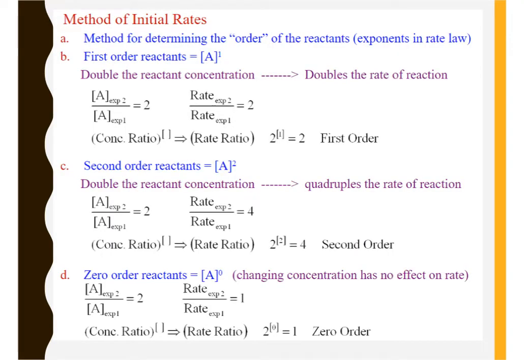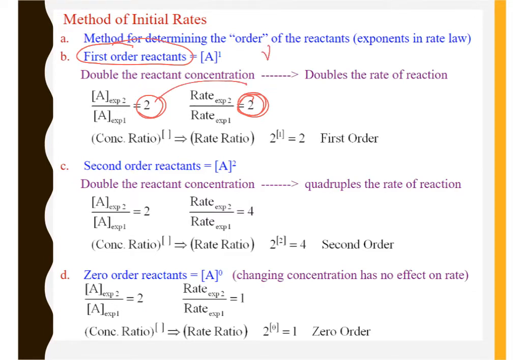This is a summary slide that will help you. I don't ever recommend memorizing something without understanding it, but sometimes just getting a list of things helps the puzzle pieces fit. For any first order reactant, the change in the rate will be the same as the change in concentration.